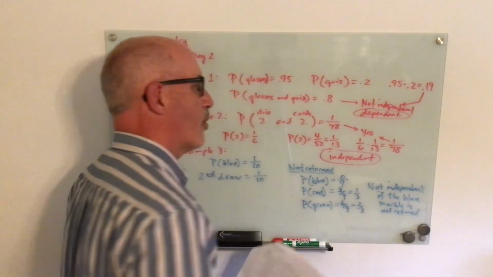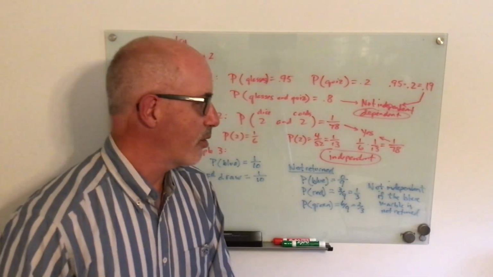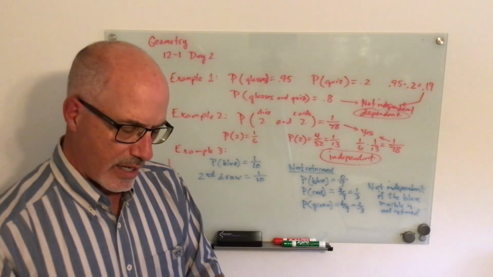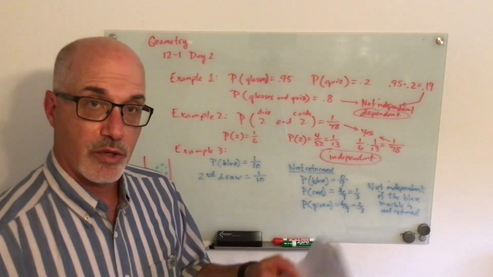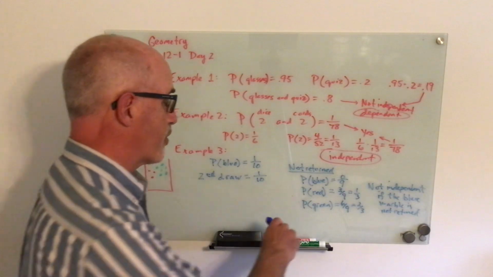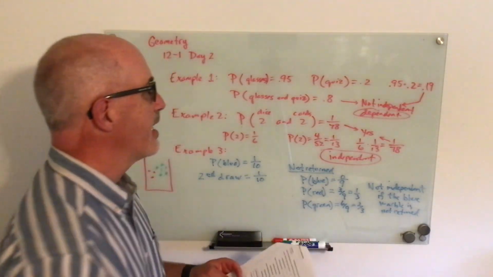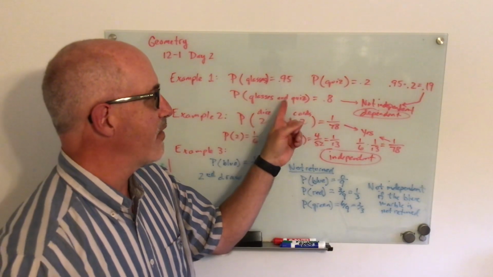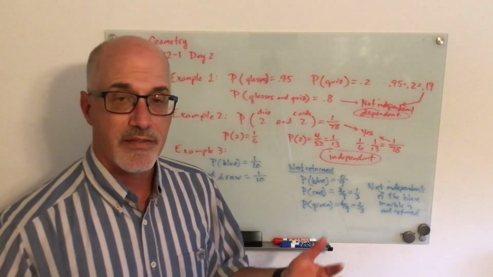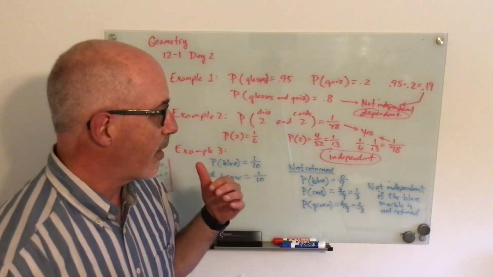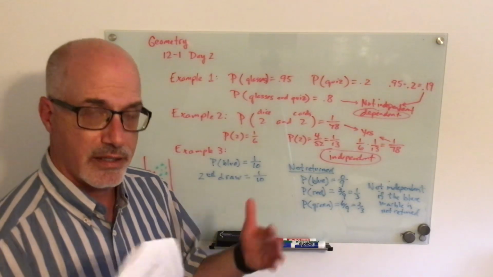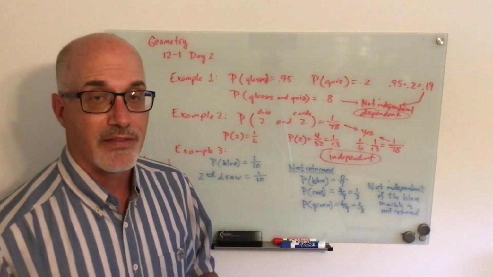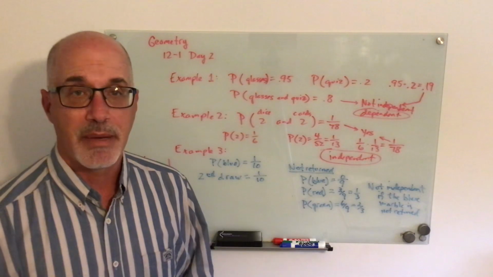Okay, so when we're talking about dependent or independent, if you know they're independent, you can multiply the probabilities. If you're testing to see if they're independent, take the two probabilities, multiply them together to see if it matches the probability. If it doesn't, then they're not independent, they're dependent on each other. If it does match, then they're independent from each other.